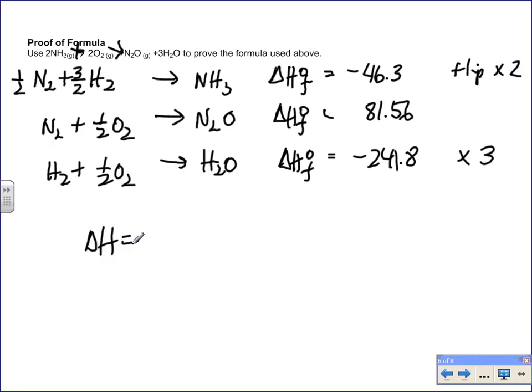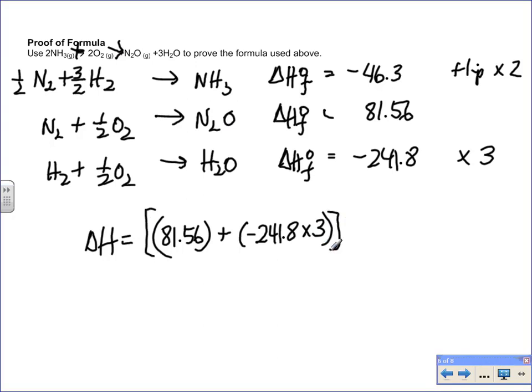What we did here was we left the 81.56 on its own, and we need to leave the negative 241. The sign remains the same, but we need to multiply that one by 3. Okay.